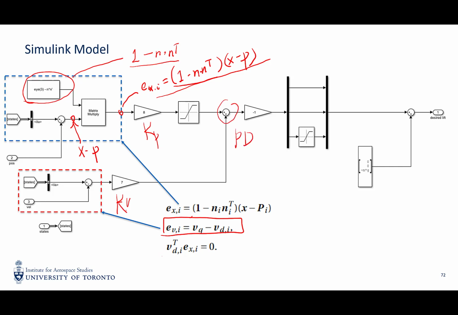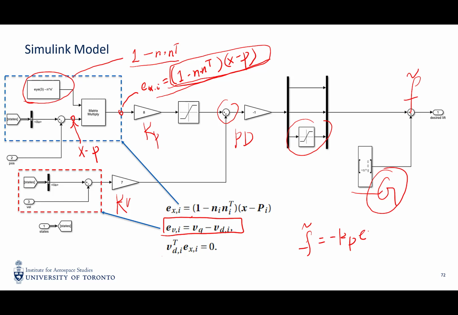So using the same ideology, but right now the position error is different because we have this path following problem. Finally, we need to saturate the force in the z direction because of the actuation capability, and we need to add the gravitational compensation force G to produce the final F. So now the final F is equal to Kp times EXI minus Kv times EVI plus G.